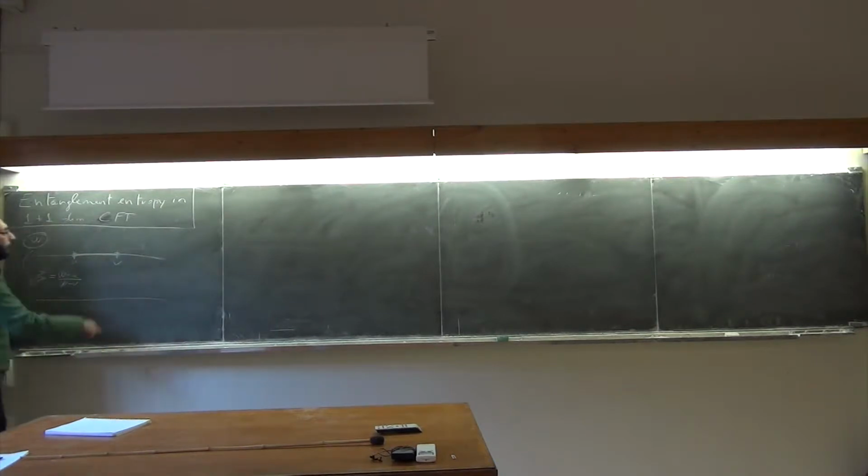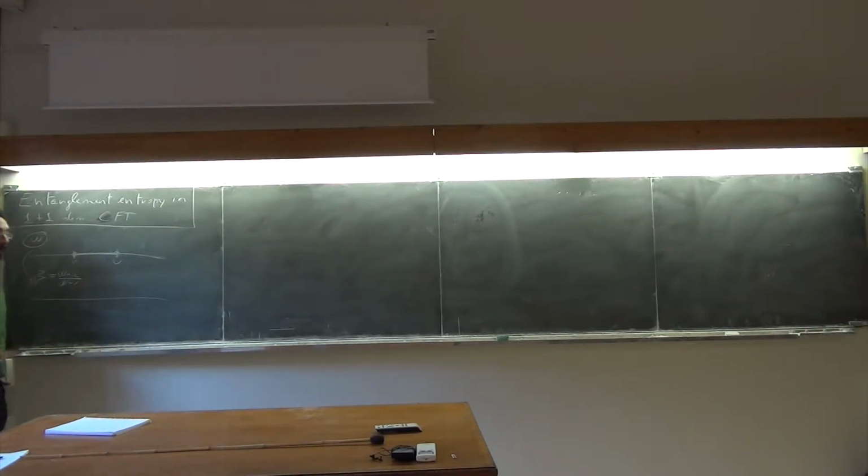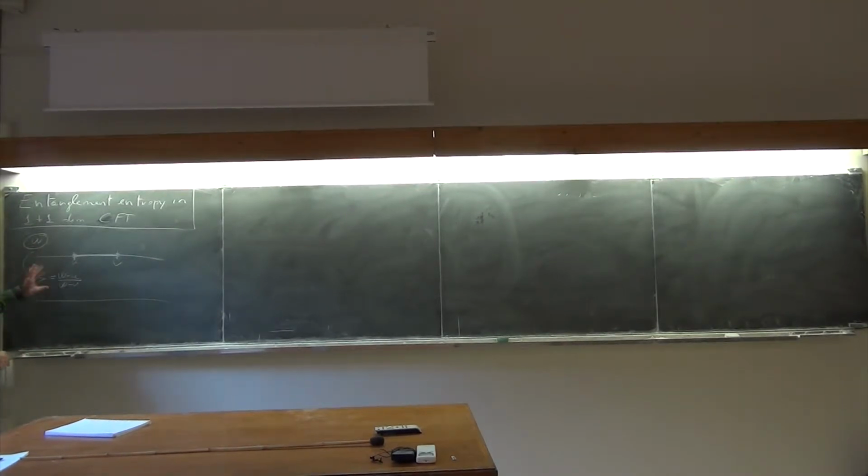It takes the real axis into the real axis. If W is real, zeta is also real, and it maps the point U into 0, zeta of U equals 0, and the point V into minus infinity, zeta of V.